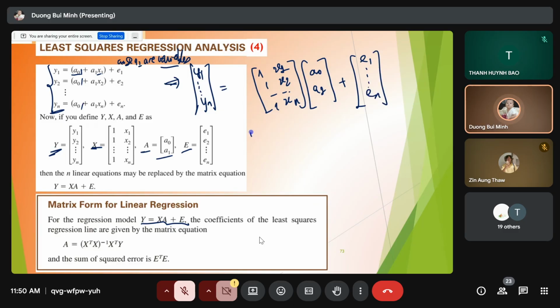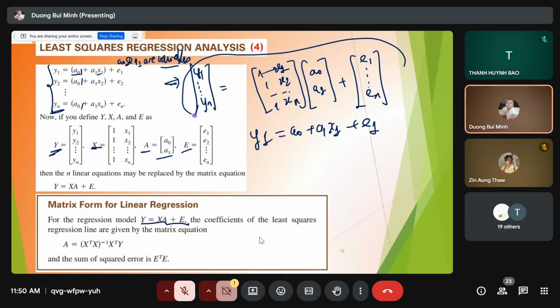That means if I just consider y1, this row times a gives a0 plus a1x1, plus e1. So I modify the linear equations to become a linear matrix equation.